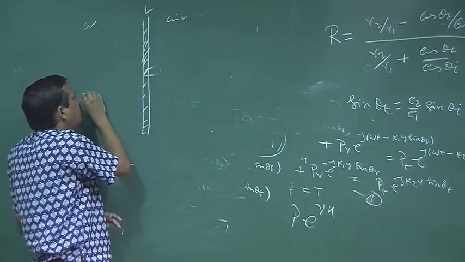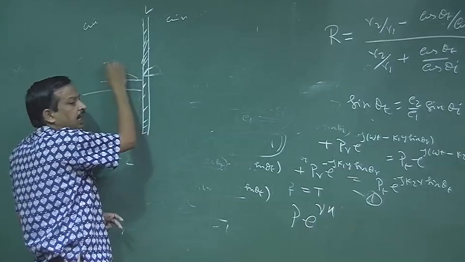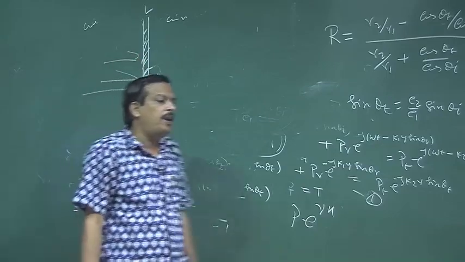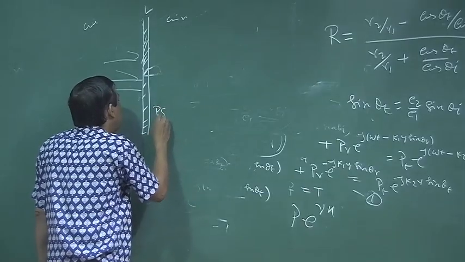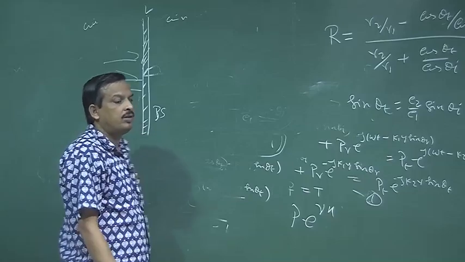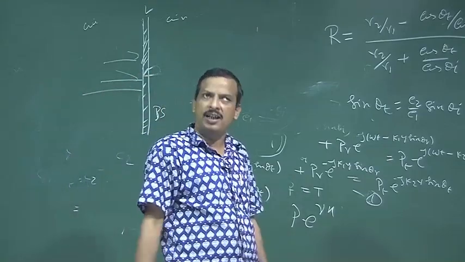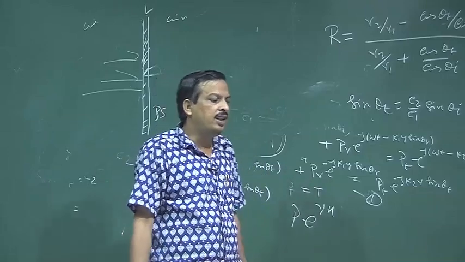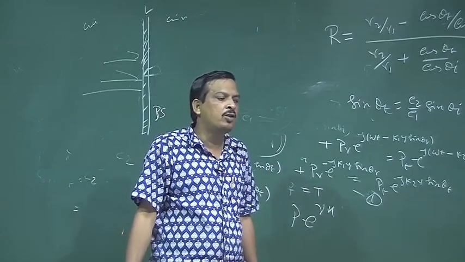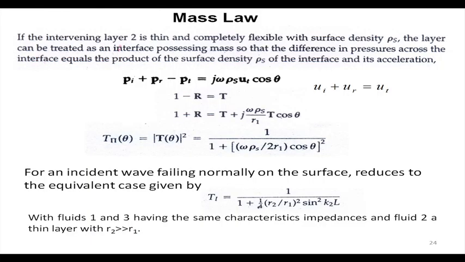Once the acoustic wave falls on this intervening layer, which is completely flexible with surface density rho S, the surface density being the surface area multiplied by the density, it is treated as an interface possessing mass, so that the difference in pressure across the interface equals the product of surface density and its acceleration.